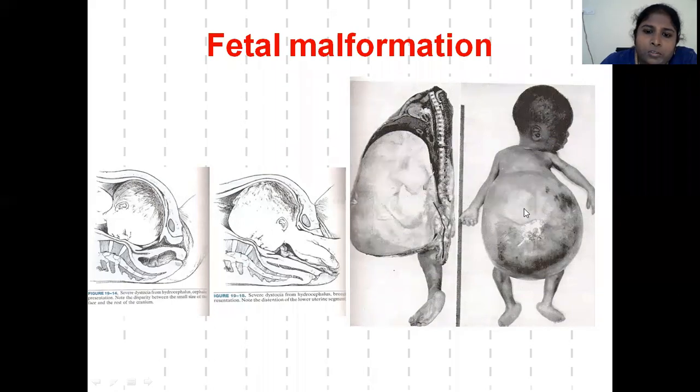All these will cause obstruction in labor. This is a picture of hydrocephalus. This also obstructs delivery; usually in hydrocephalus, breech presentation will be there. In this picture you can see the baby has been delivered up to the shoulders and the head is not coming out.